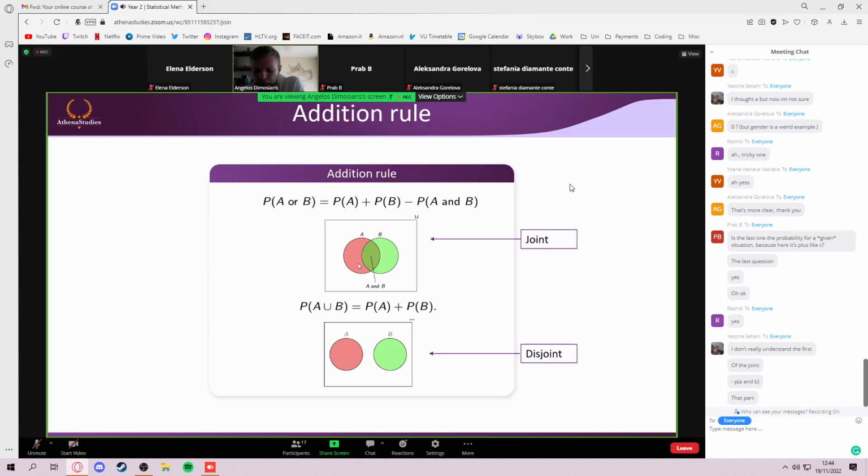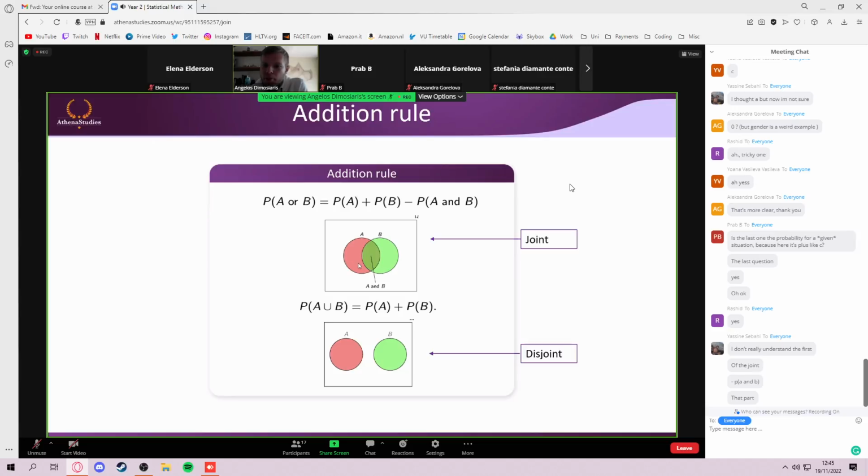So let's find two joint events. Okay. So let's say that event A is that you're rich, and event B is that you are male.